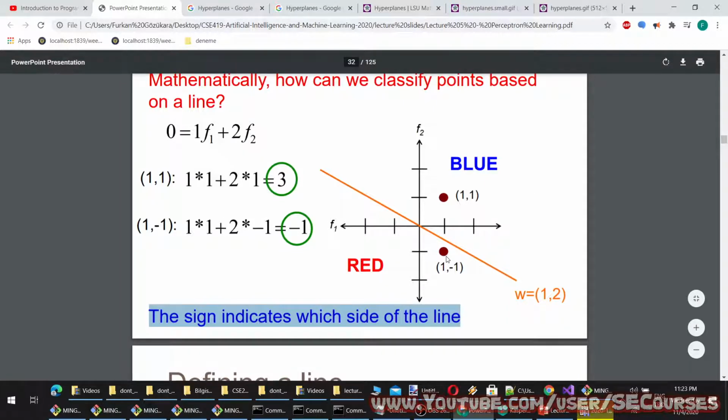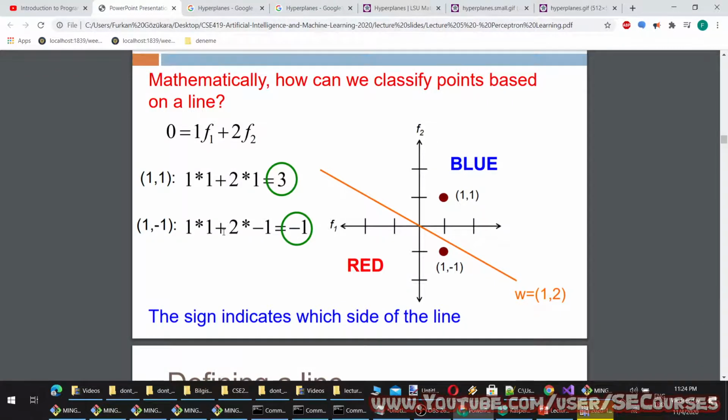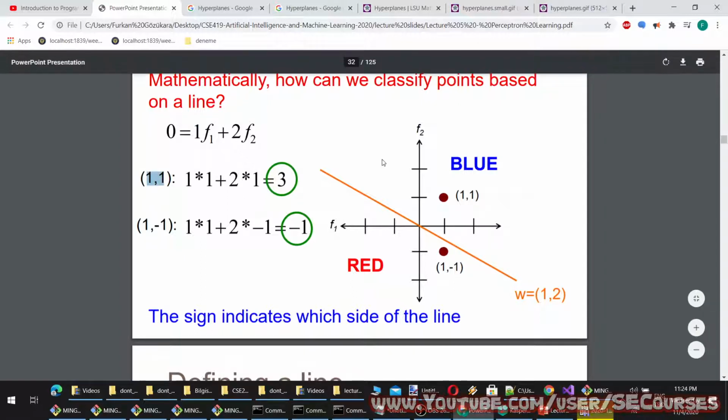If it is negative, it is the red side of the line currently, and if it is positive, it is the blue side of the line. So for the blue class and red class, based on the sign, it is either minus or positive. And with these weights, it is satisfying our classification. You see the blue result is 3 and the red dot result is -1.